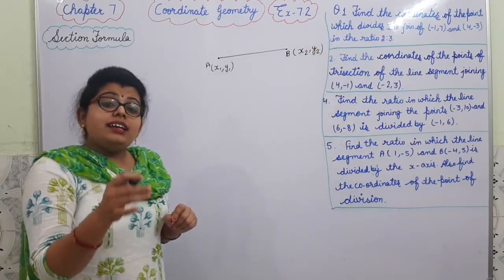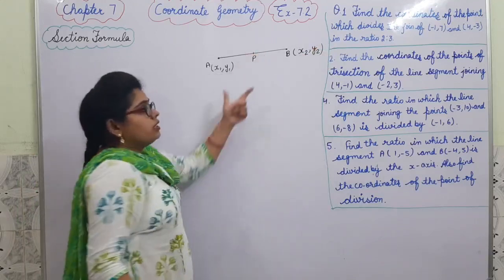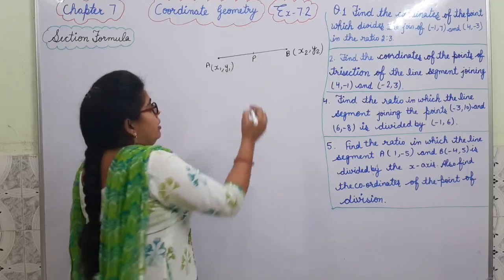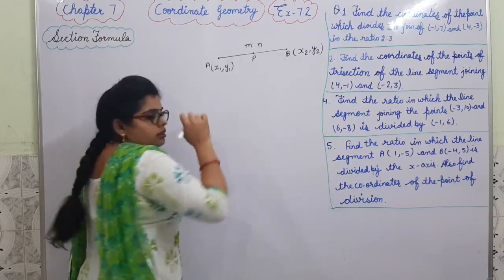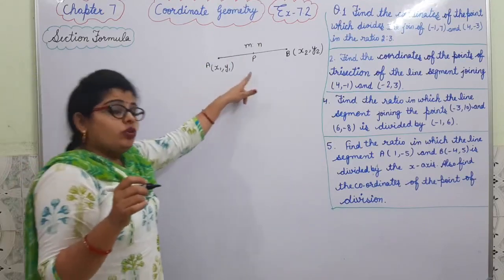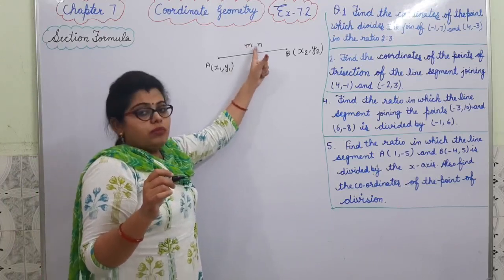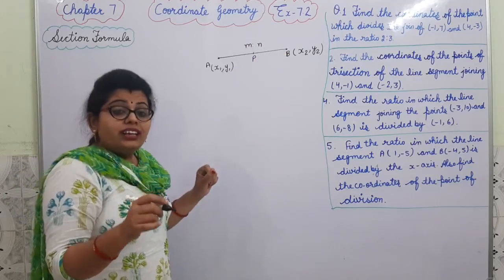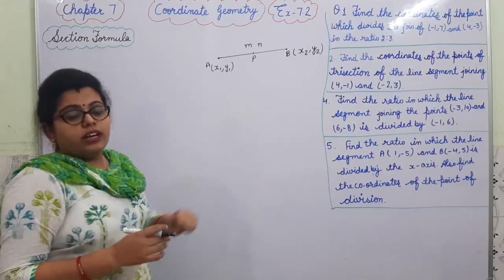Now let there be another point P which divides AB in the ratio m:n. Suppose P is any point on AB which divides AB in the ratio m:n, and we have to find the coordinates of P. We have to find out the coordinates of P here.